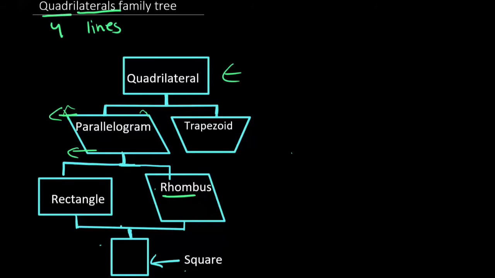Okay, and so parallelograms have two pairs of parallel lines, and that's how you define a parallelogram. So a shape with two pairs of parallel lines. And the reason why rectangles and rhombuses are special kinds of parallelograms is because they also have two pairs of parallel lines. So for a rectangle, these are the two pairs of parallel lines, and it's the same for a rhombus too.